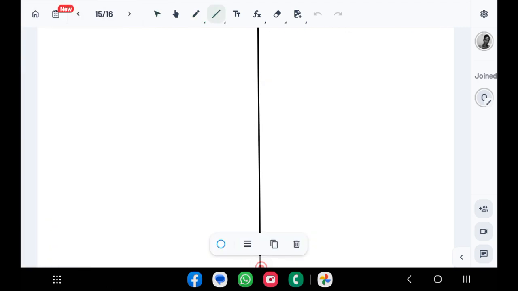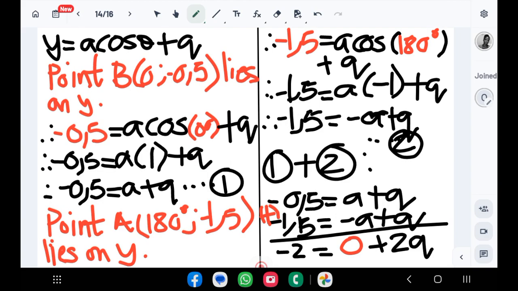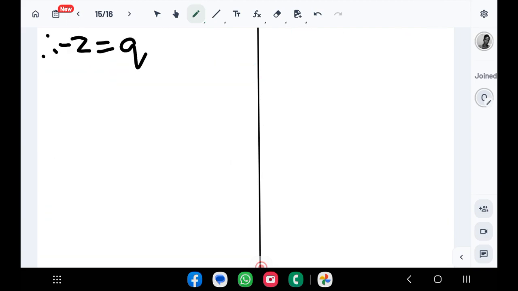So you've got negative 2 equals 2q. Then you divide both sides by 2 to get rid of the 2 on the right hand side.